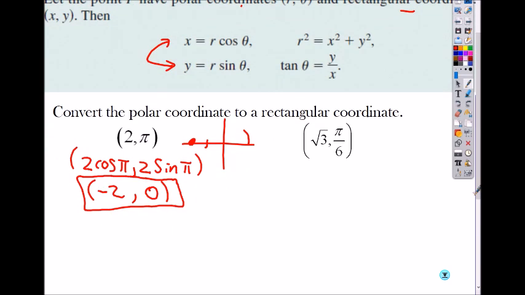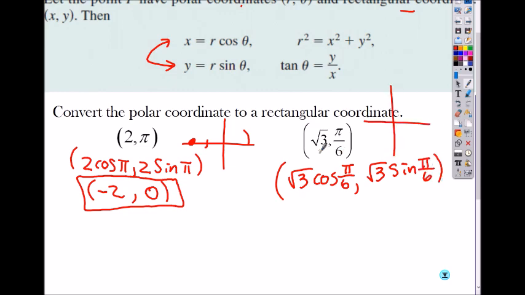What about here? Again, r is root 3, so it's root 3 cosine of pi over 6, root 3 sine of pi over 6. If we roughly graph it, root 3 is what?